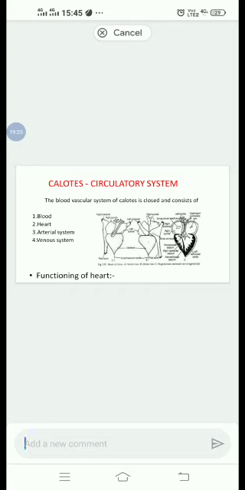Next, the second part is the auricles. The heart has two auricles, left and right. The two auricles are separated by a septum called the interauricular septum.